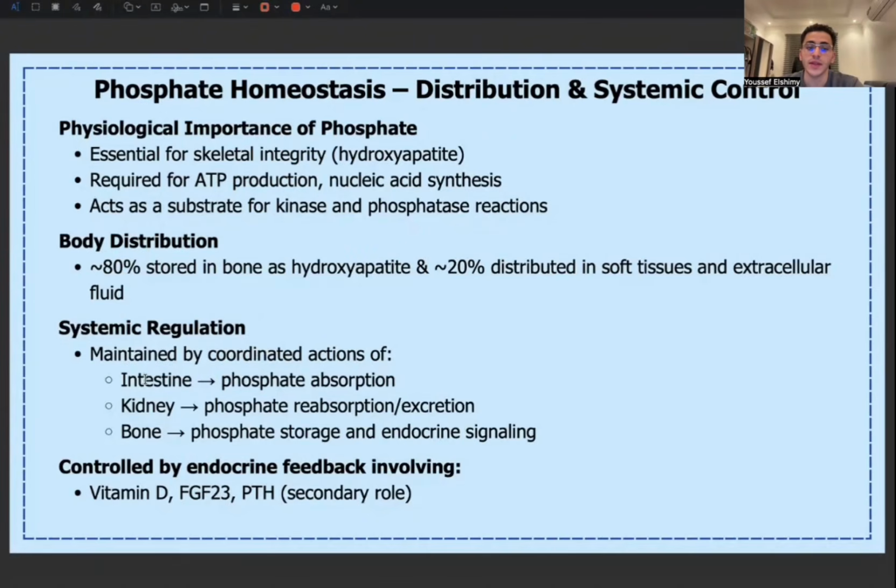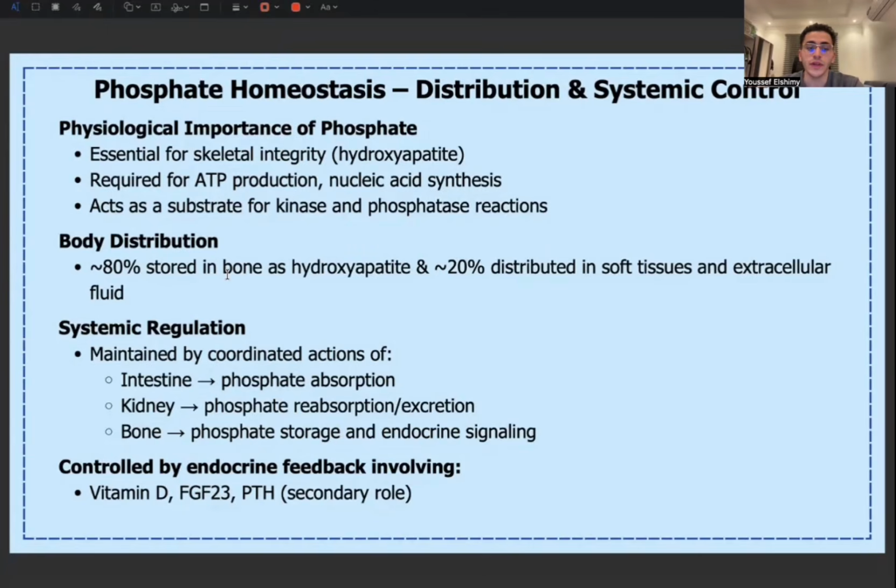It can be maintained by the intestine, either favoring absorption or not. In the kidneys, phosphate can be reabsorbed or excreted depending on the signaling molecule, as well as bone. Phosphate storage happens there, and there is also endocrine signaling, whether we need phosphate or not.